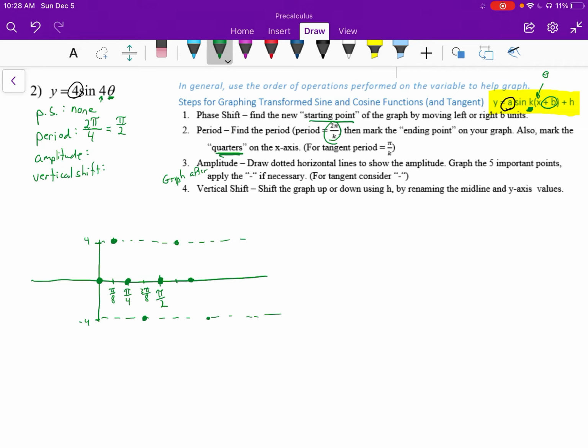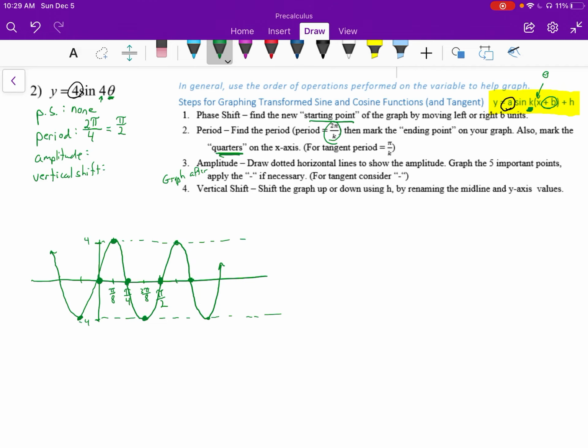And so we can graph this function. And we could even go backwards a little bit to the left of the y-axis to show that this continues. So there is the graph of 4 sine 4 theta.